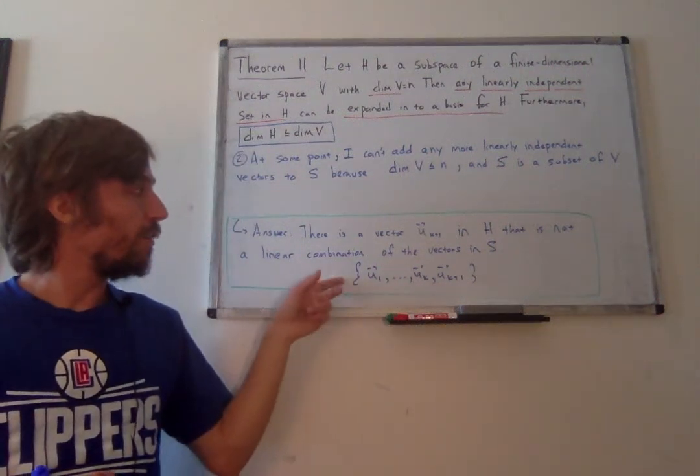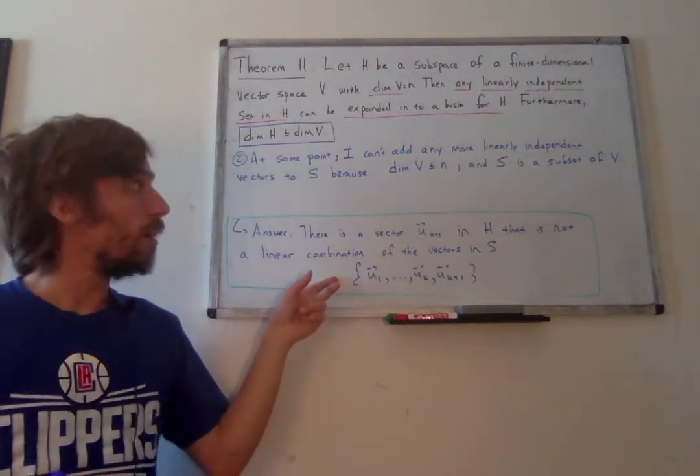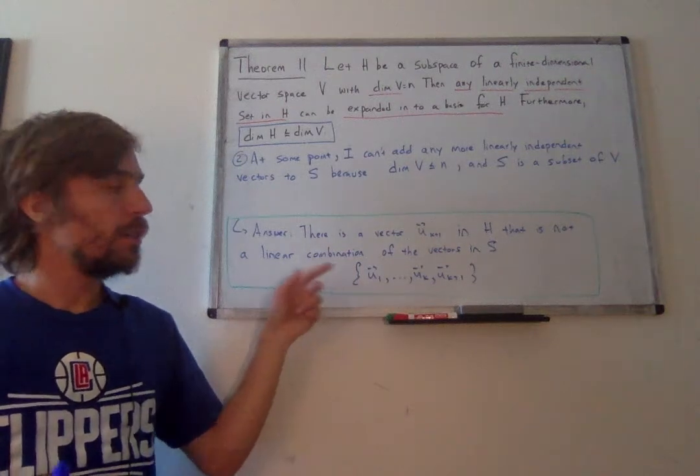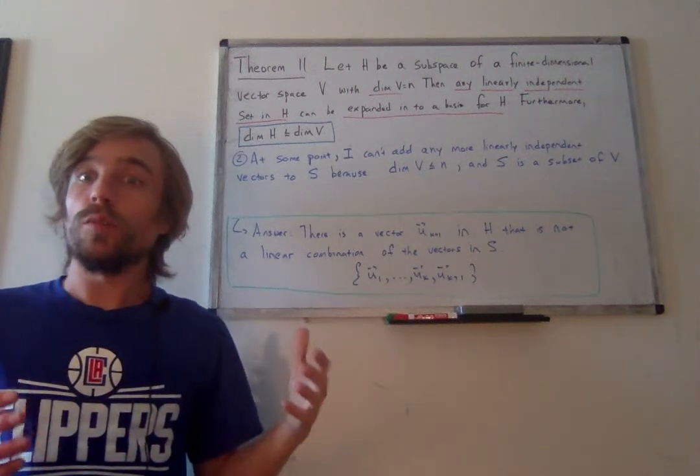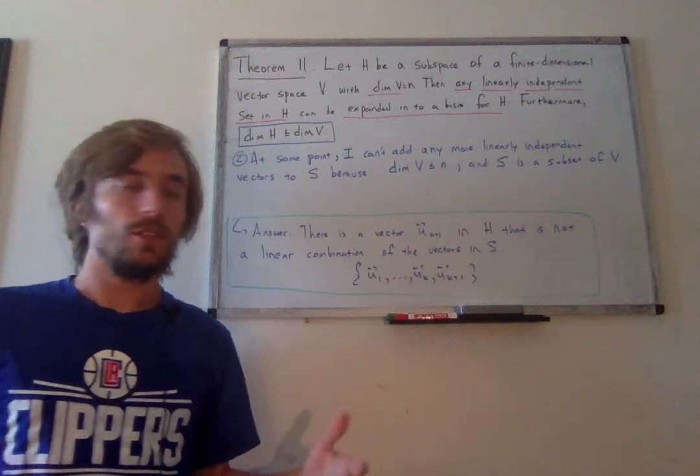So at some point, if I keep repeating this process, there will be no more linearly independent vectors left in H.